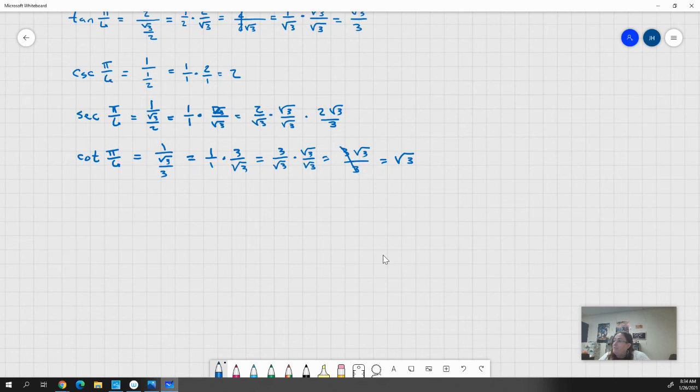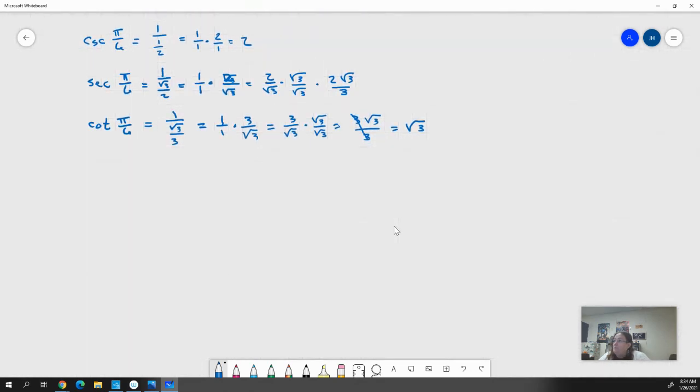So if I look at this in terms of, let's just look at the first 3 trig functions, right? Sine, cosine, and tangent. Let's look at evaluating sine of t, cosine of t, and tangent of t when t equals negative pi over 3.